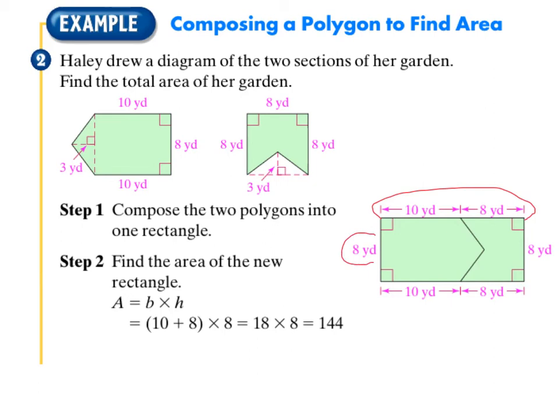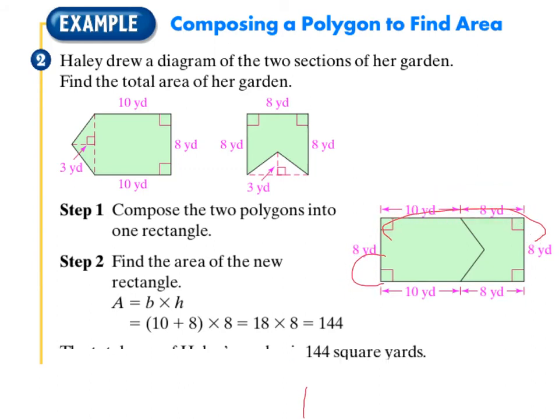So 10 plus 8 times 8. 18 times 8. 18 times 8 is 144. So the total area of Haley's garden is 144 square yards.